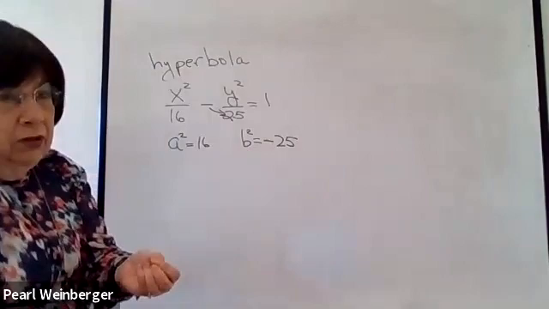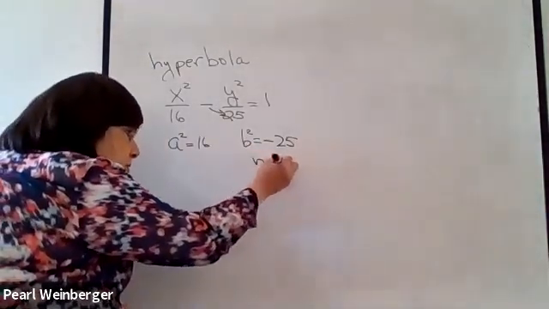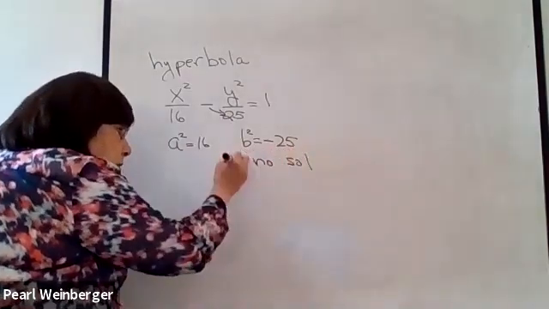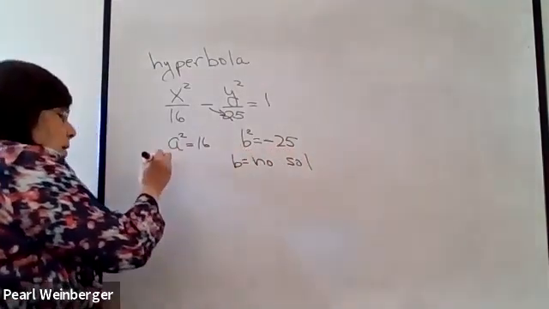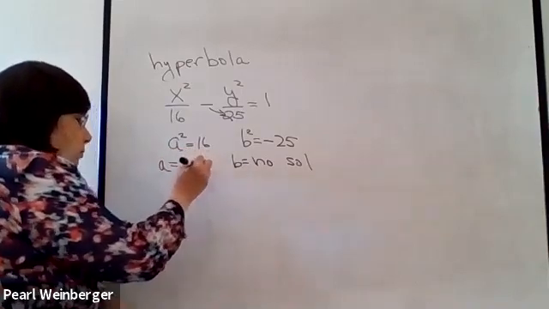It wouldn't be real. So the b squared has no solution. And all we have is the a, which is plus or minus 4.